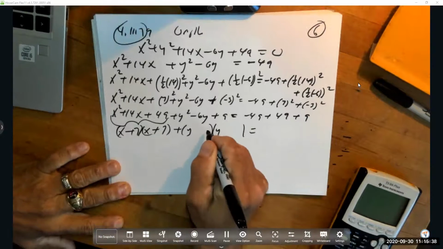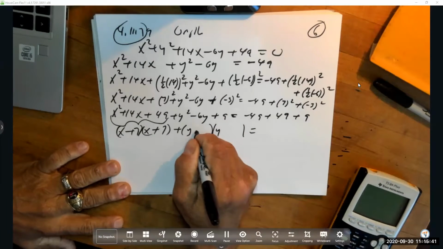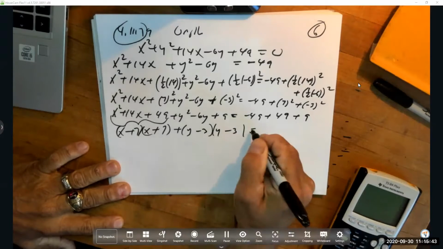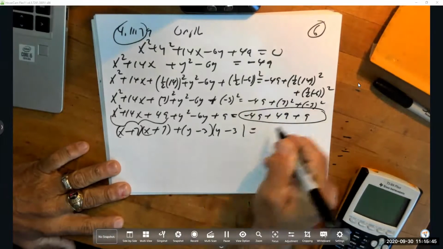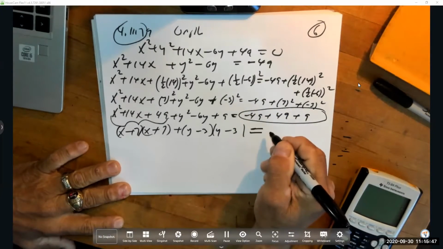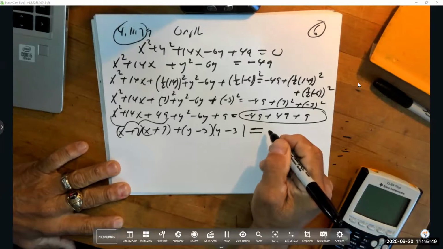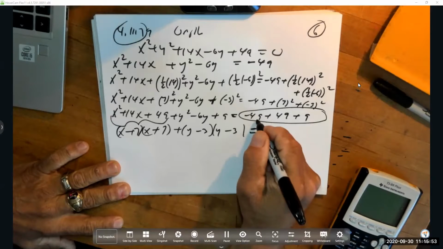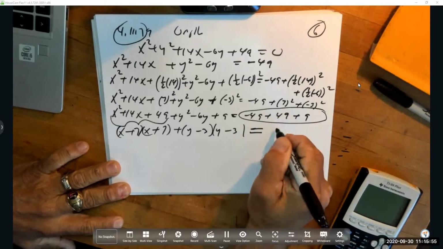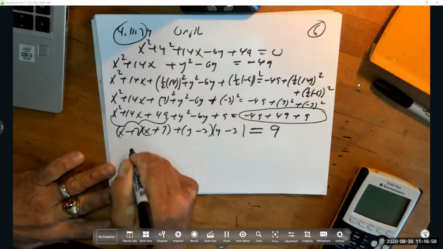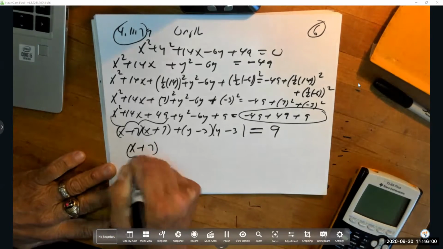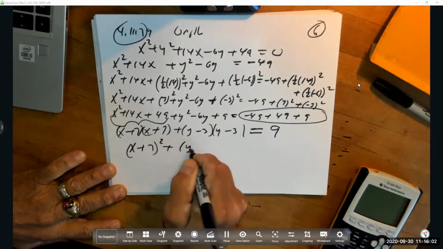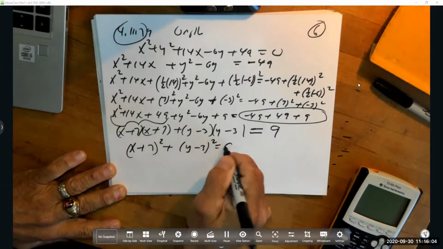And it's going to be what numbers? 3 and 3. So now all these numbers together is how much? 9. So now you have x plus 7 squared, y minus 3 squared equals 9.